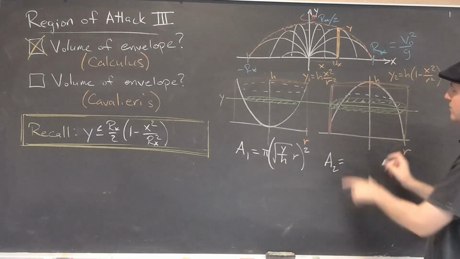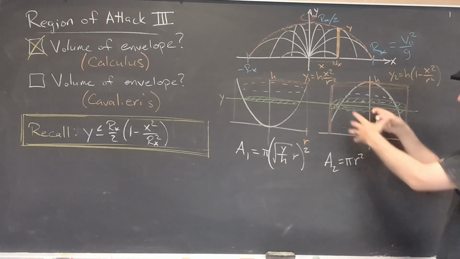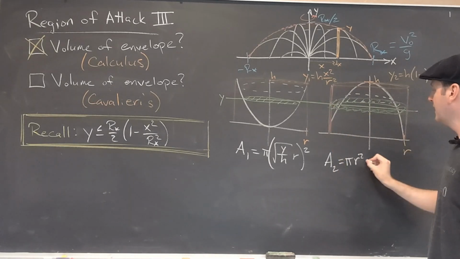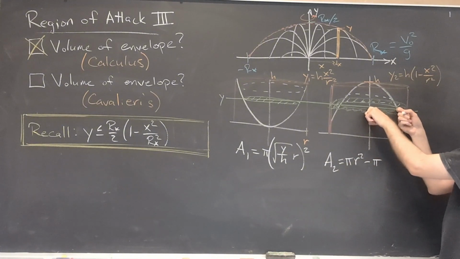So the area is going to be the outer area, pi r squared, that'd be the whole cross-section of the circumscribed cylinder, minus pi times this radius squared.